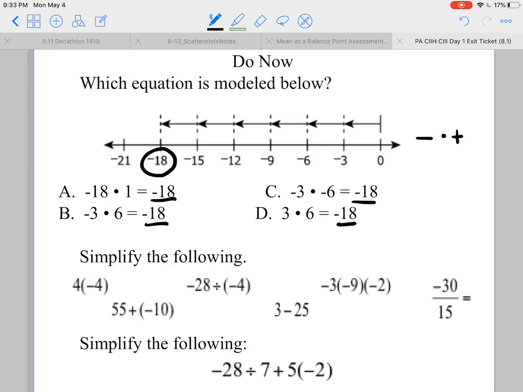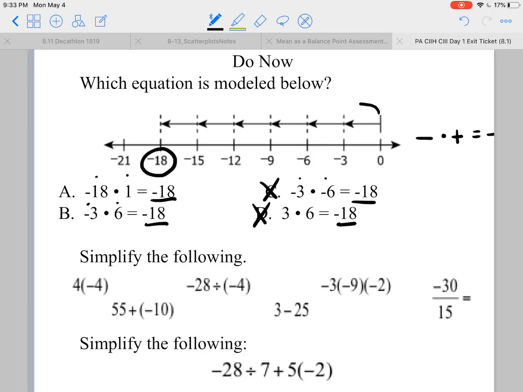Remember that a negative times a positive is going to give us a negative answer. So here I have negative positive, so that could work. Negative positive, that could work. Negative times negative is positive, so that's not going to work. And a positive times a positive, well, that's not going to work.